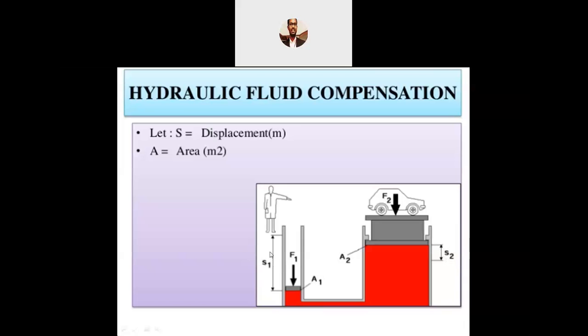Obviously, S1 displacement is more compared to S2. That means since the area is less, I am displacing more. Since the force required to lift this is more, I only move this much. Is it clear? This is how it is compensated.